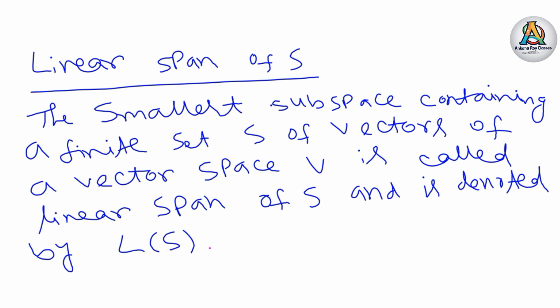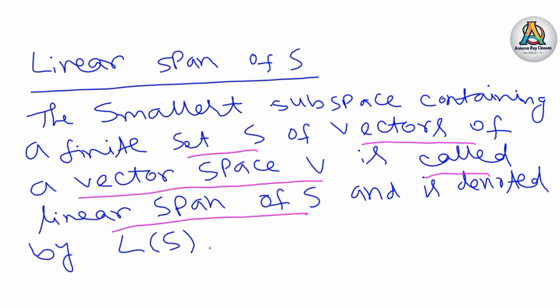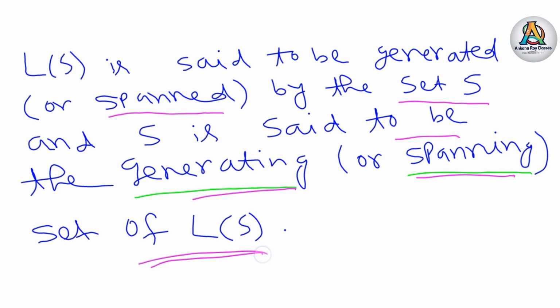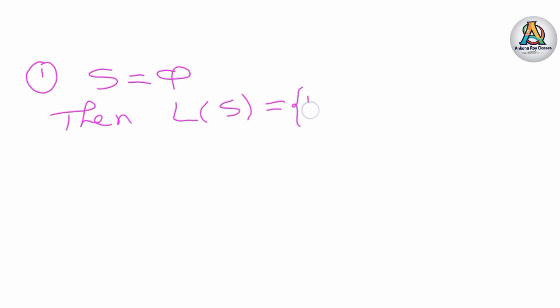Now, linear span of S: the smallest subspace containing a finite set S of vectors of a vector space V is called the linear span of S and is denoted by L(S). L(S) is said to be generated or spanned by the set S, and S is said to be the generating set or spanning set of L(S). Now, if S is equal to phi, then the linear span of S is equal to singleton theta, where singleton theta is the intersection of all subspaces containing phi.